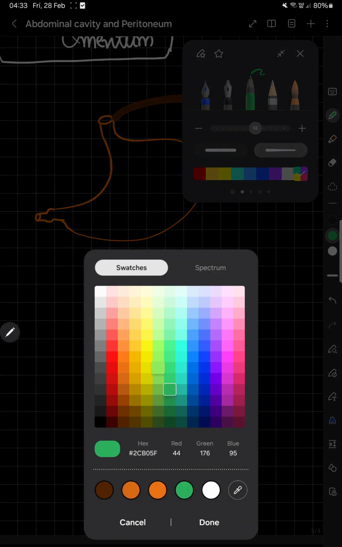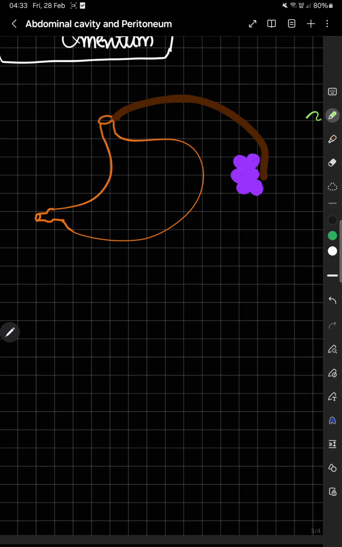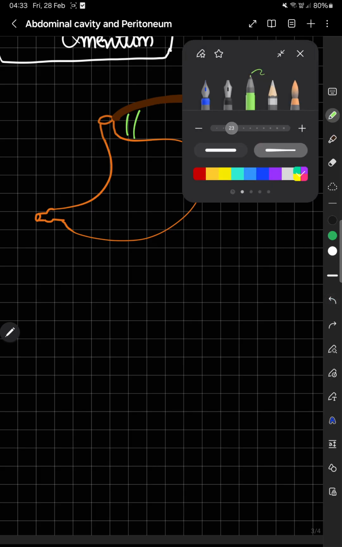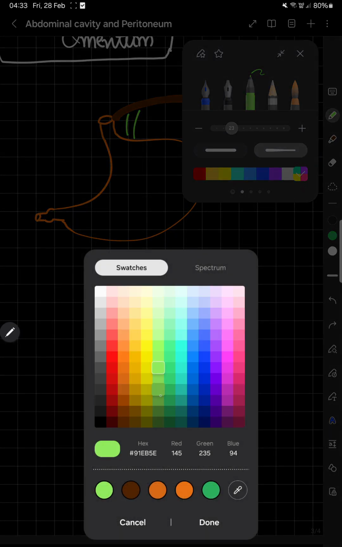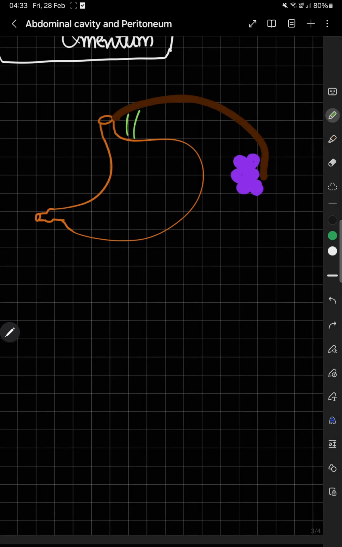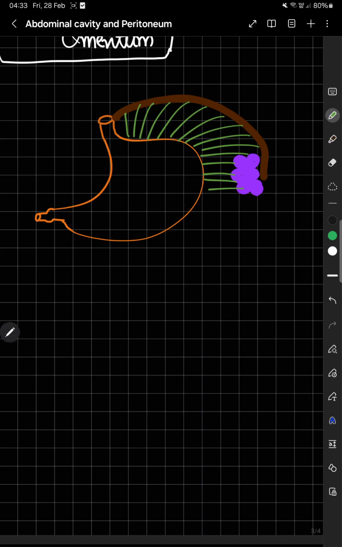Basically we have this ligamentum folding that comes off like this. We have the same thing over here.